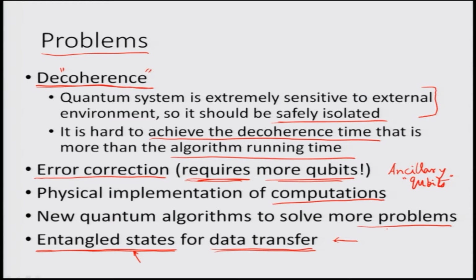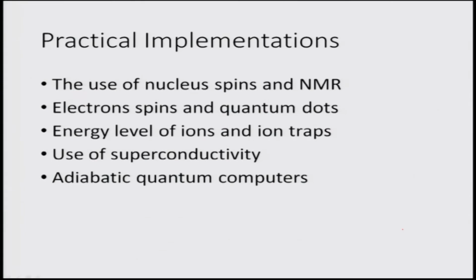So, these have been some of the basic problems or hurdles in the path of achieving quantum computing to the levels that we are actually interested in. Still, a lot of practical implementations we have discussed in this course, and some of them are listed here.